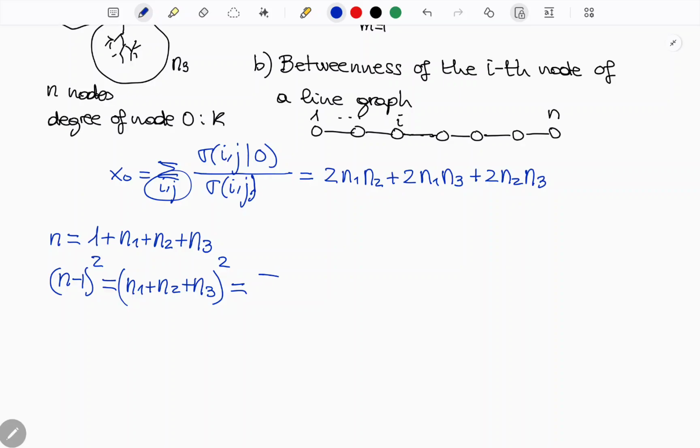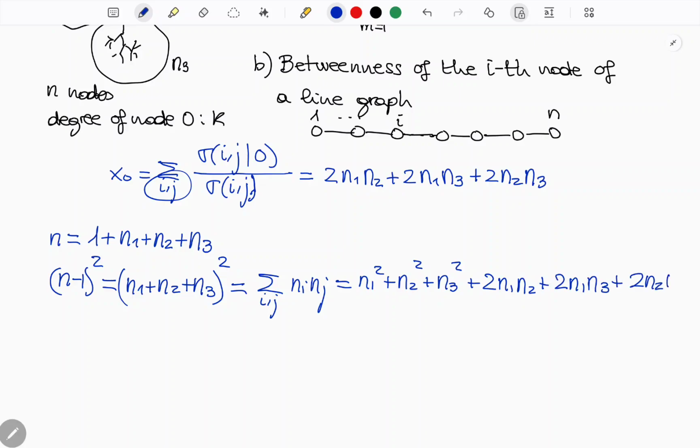And this, well, by definition, is this thing over here, and this is precisely when i is equal to j, I'm going to have the addition n1 squared plus n2 squared plus n3 squared plus twice n1 and n2, plus twice n1 and n3, plus twice n2 and n3, which is precisely the amount that is the betweenness centrality.